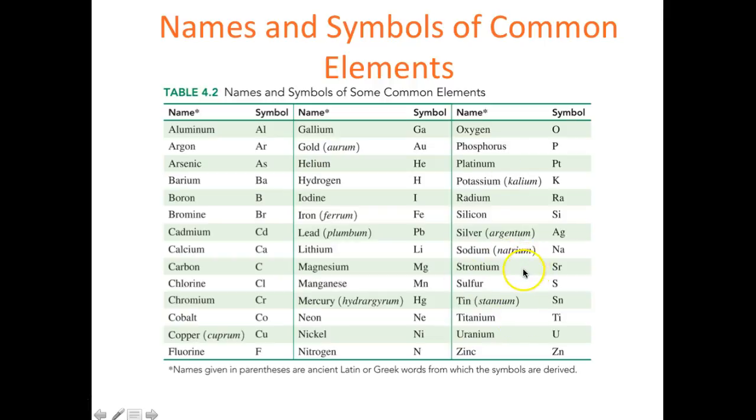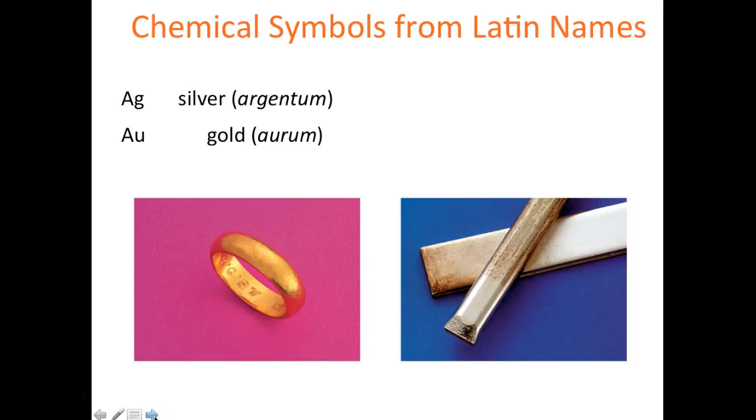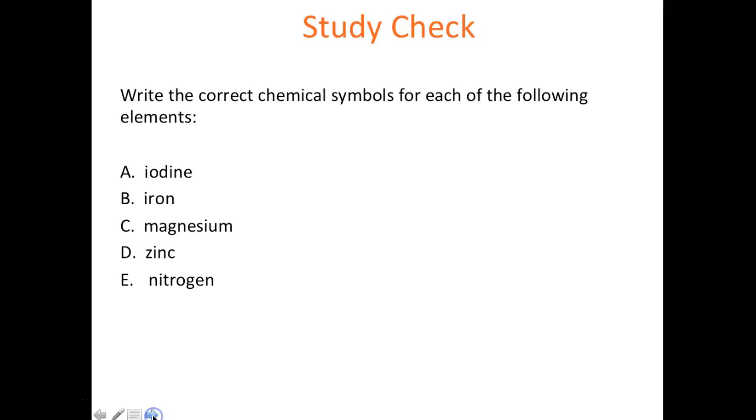And then other elements, of course, you can see it's directly from their name. And some of them also have been derived from their Greek names, like we looked at chlorine and iodine. So some of them have names that are coming from their original Latin names.